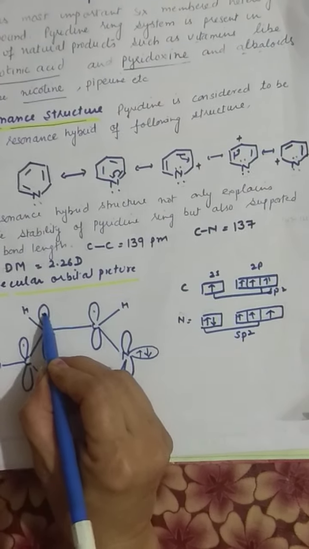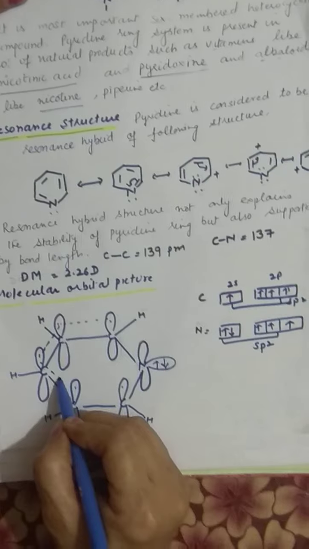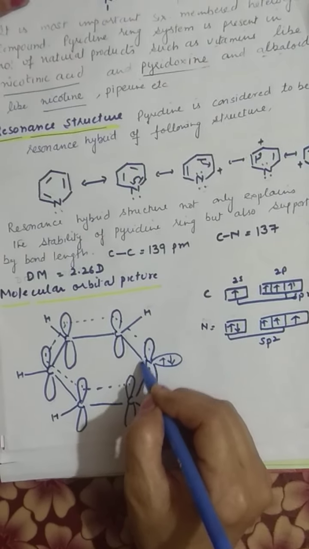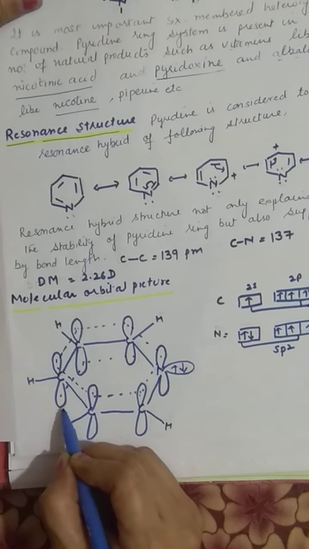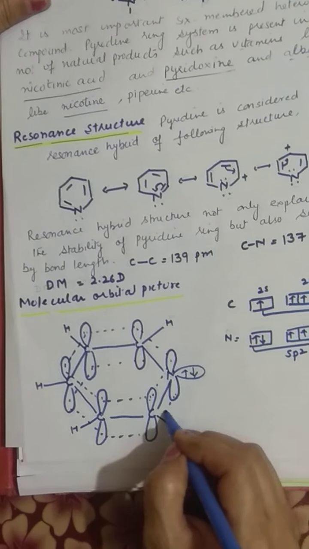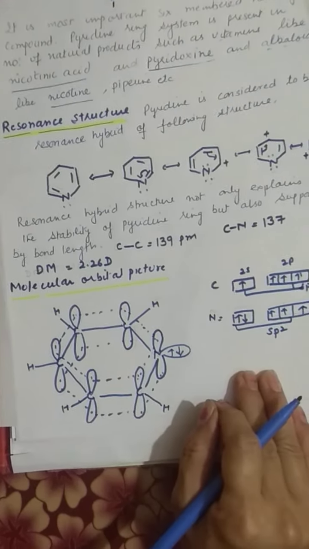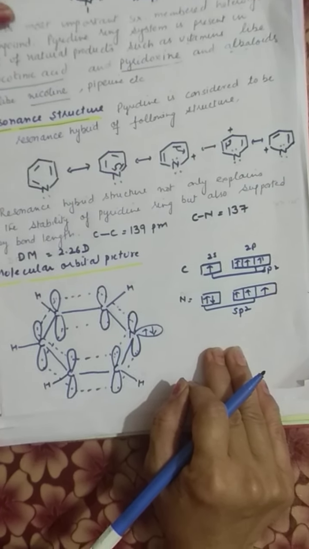So the unhybridized orbitals overlap, as we have delocalization. So that is confirmed from the double bond length. So this is the molecular orbital picture of pyridine.